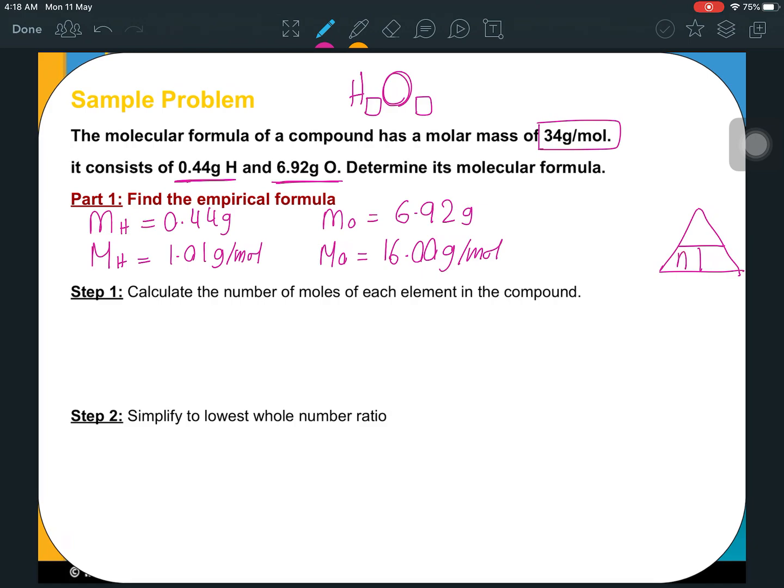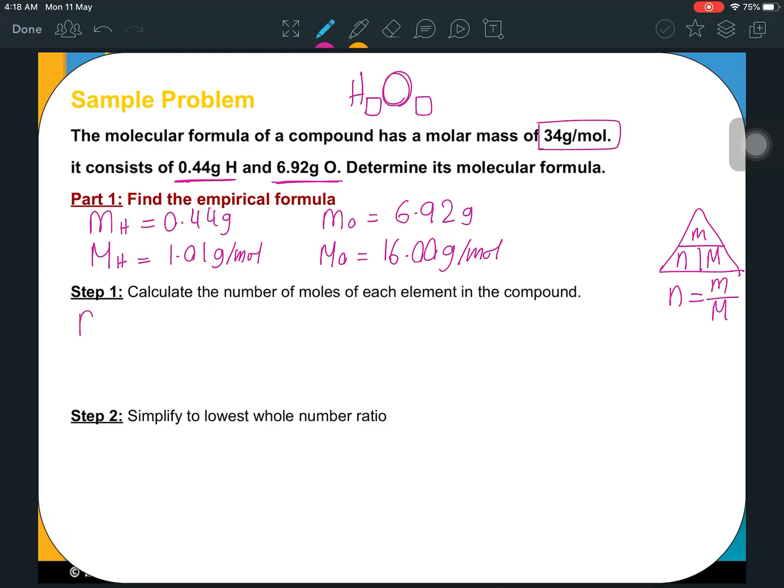Now I'm going to use my triangle to find out which formula I'm looking for. There's n, then there's mass and molar mass, and I'm looking for n. So I'm going to divide my masses by my molar masses to find my number of moles.